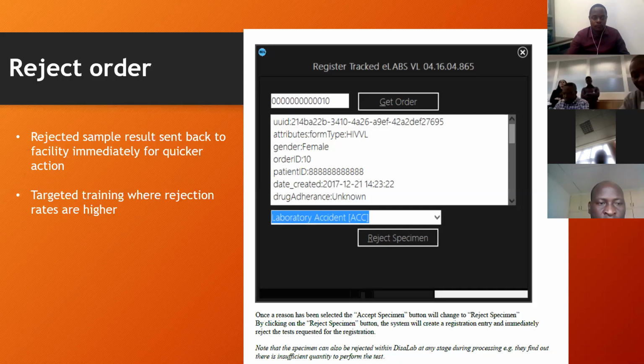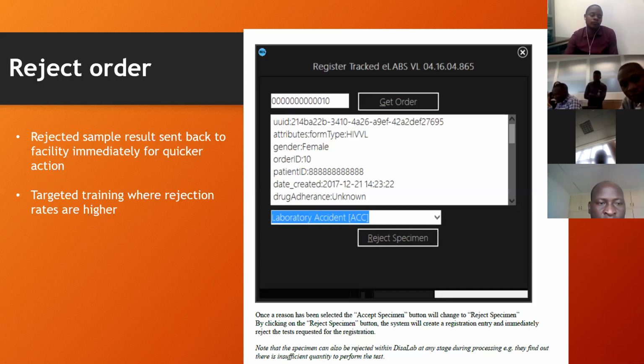So this slide also speaks to the integration, and it allows us to reject a sample once it comes in the lab and qualifies for our rejection criteria.